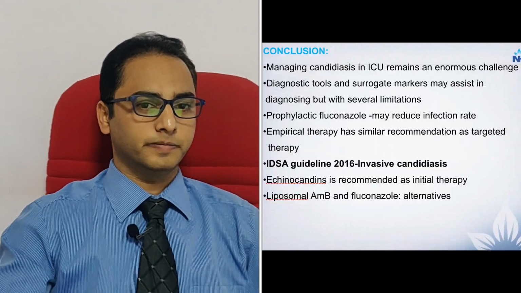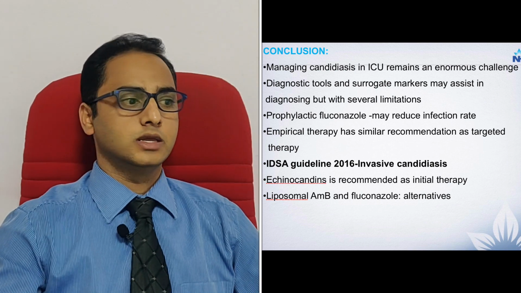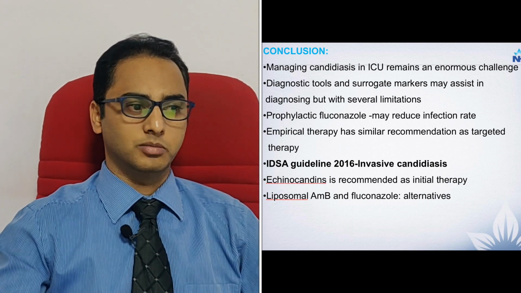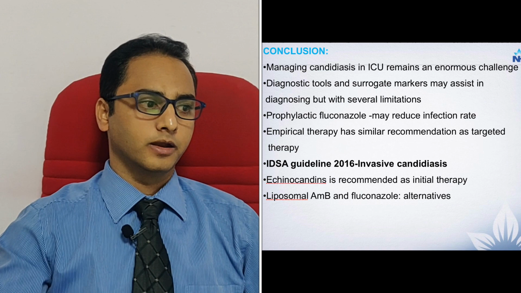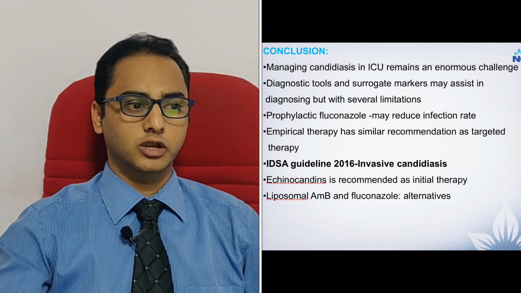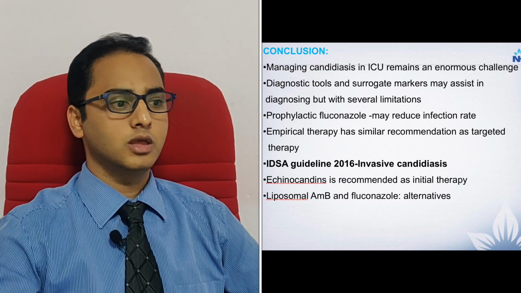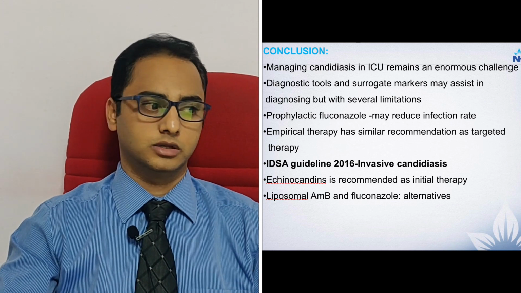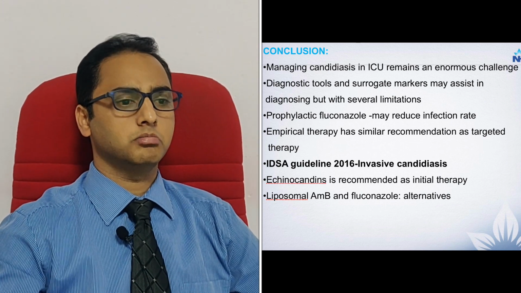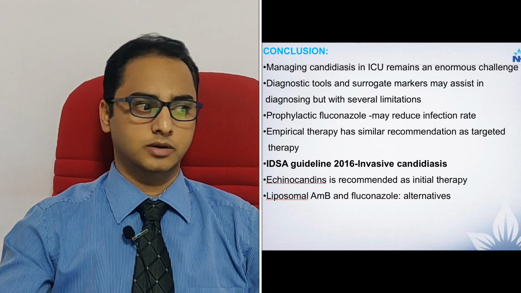So in conclusion, managing candidiasis in the ICU remains an enormous challenge. Diagnostic tools and surrogate markers may assist in diagnosing, but with several limitations. Prophylactic fluconazole may reduce the infection rate.